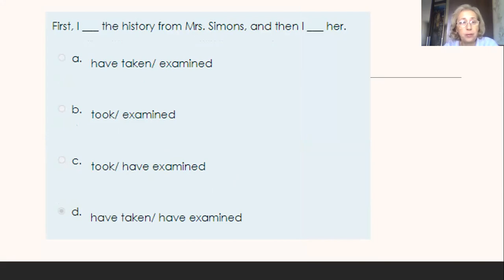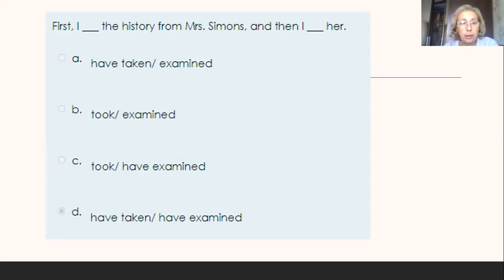So we have the sentence: first I, the history from Mrs. Simons, then I, her. These two sentences describe actions which happened one after another. This is a succession of actions. And when we have a succession of actions like this, we should use only the past simple tense.